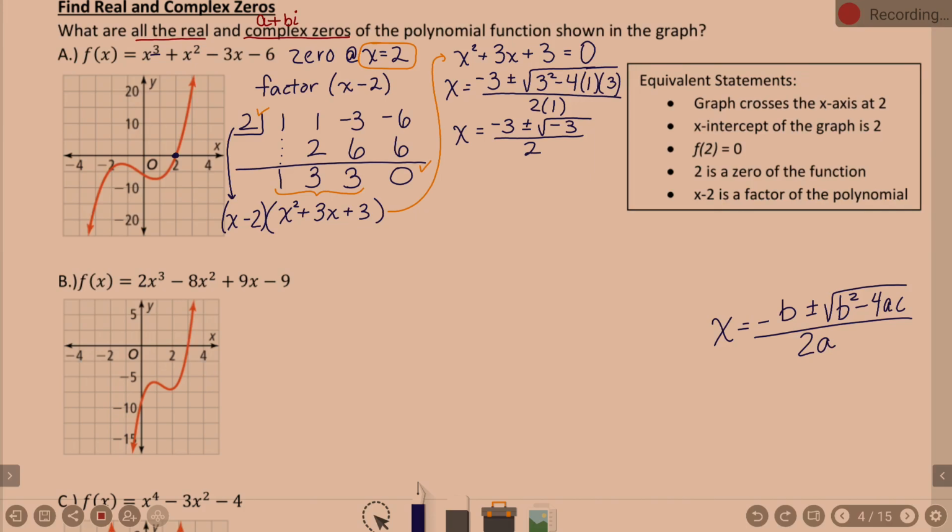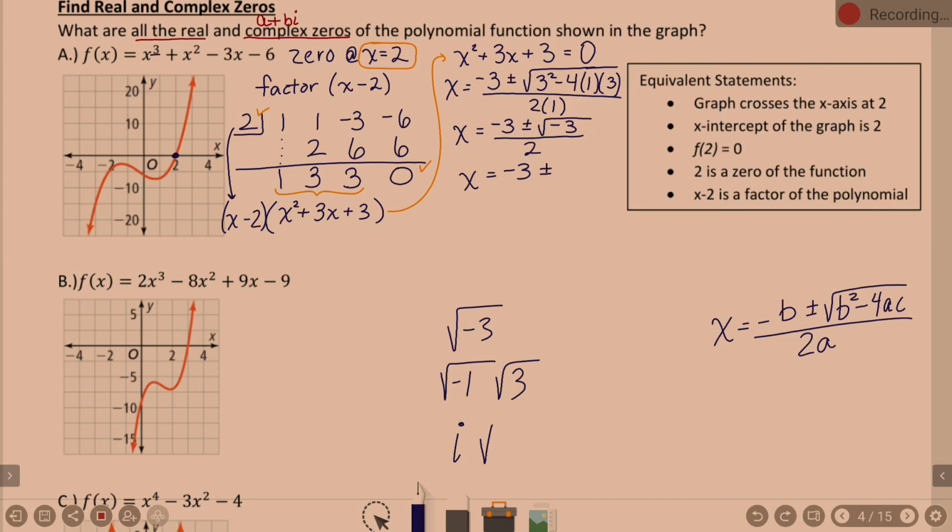Okay. One more cleanup step. Negative 3 plus or minus. You guys remember that? And again, I'm definitely going to erase this. Square root of negative 3 is square root of negative 1 times square root of 3. Square root of negative 1 is i. What about square root of 3?